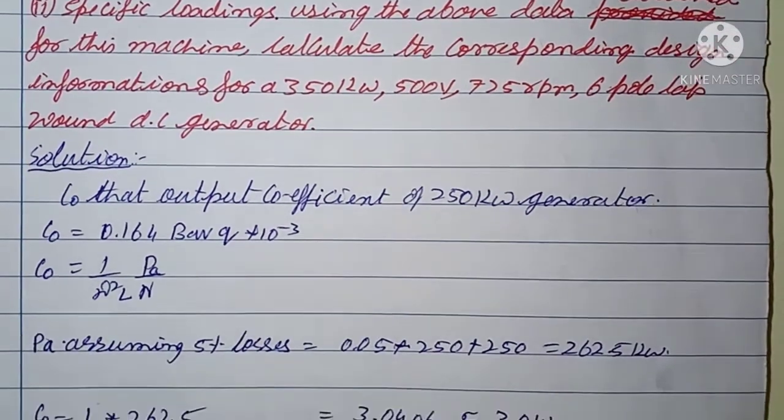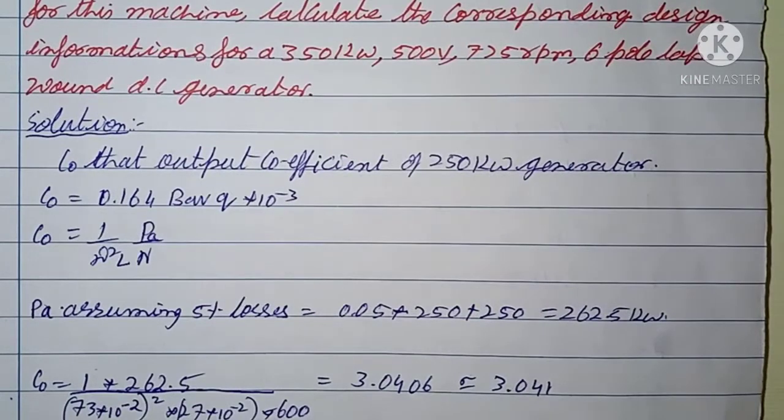For power developed, assuming 5% losses, 0.05 into 250 plus 250 gives us 262.5 kilowatt. Now we are going to calculate the value of C0.